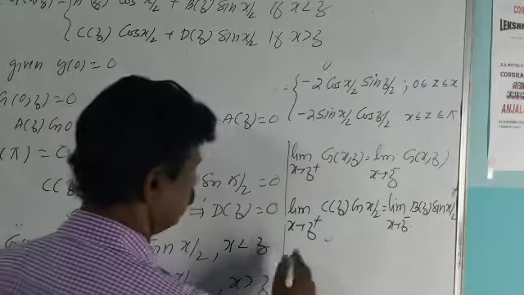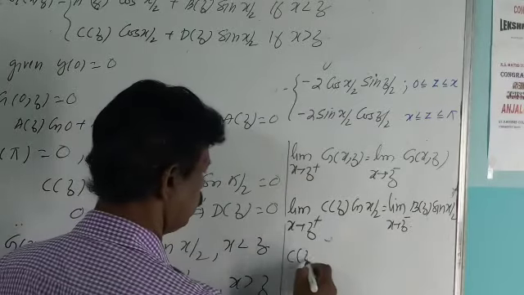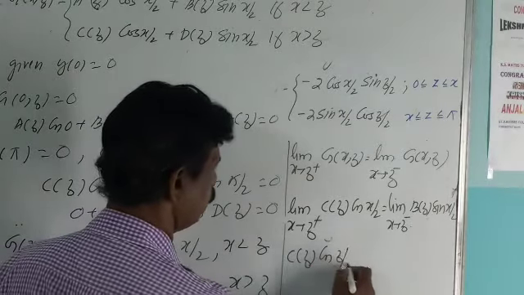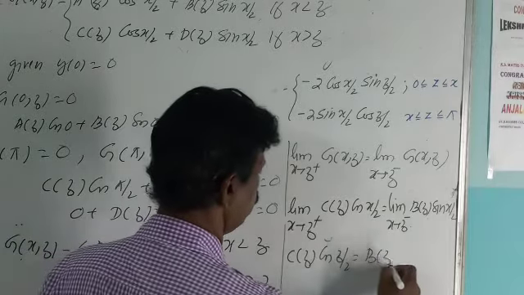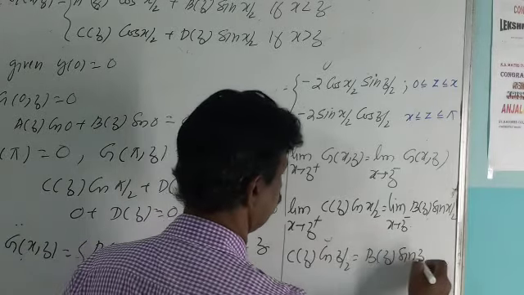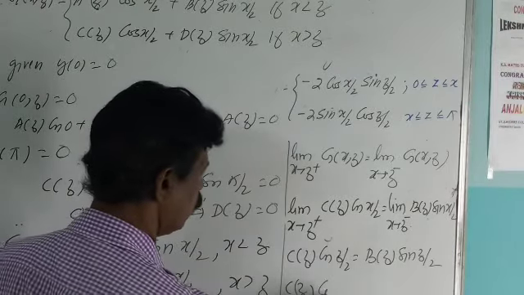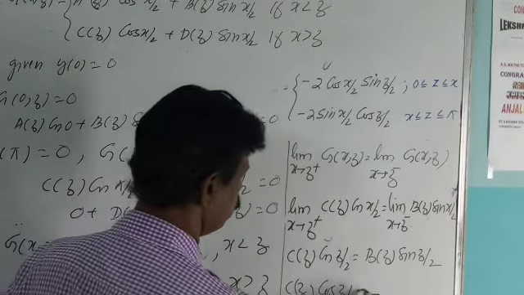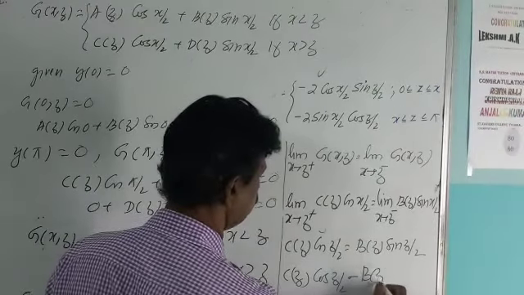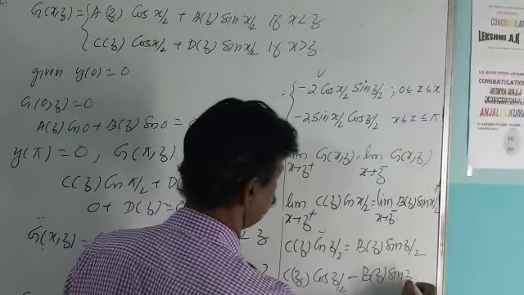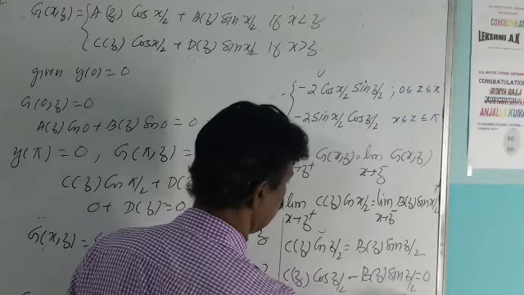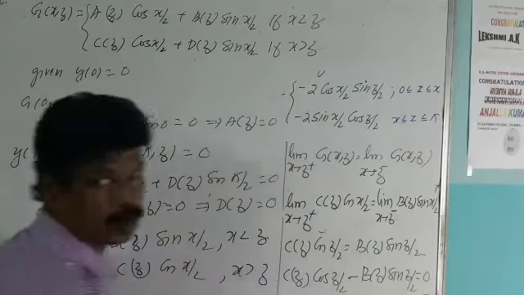This becomes c is cos z by 2 equal to b is sin z by 2. Or you can write c is cos z by 2 minus b is sin z by 2 equal to 0. I call it equation number 3.